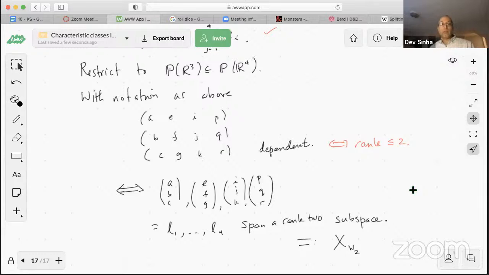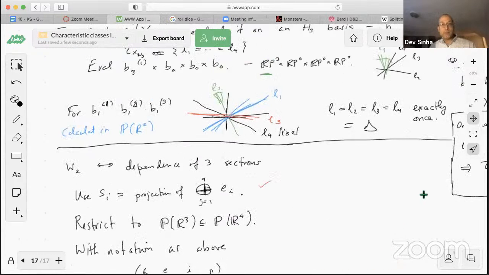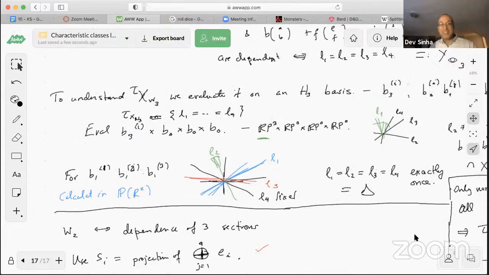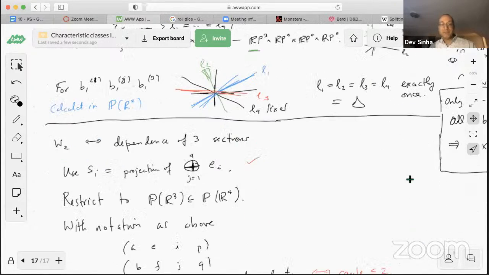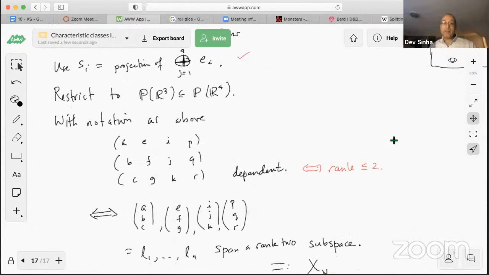So I want to know where my 4 lines span a rank 2 subspace. Let's call that X sub W2. You might notice something here. Before, I wanted my 4 lines to be equal, that means that they span a rank 1 subspace. We'll talk about that in a second.